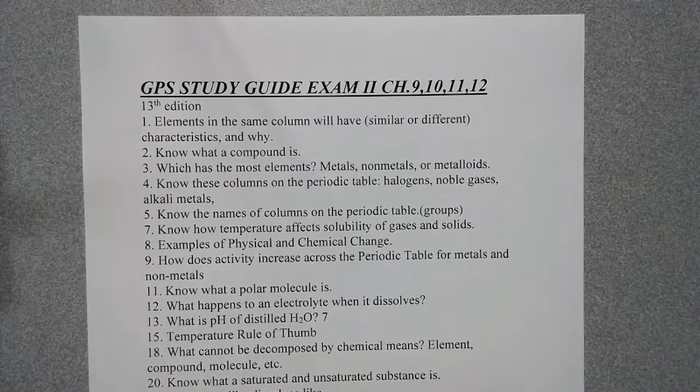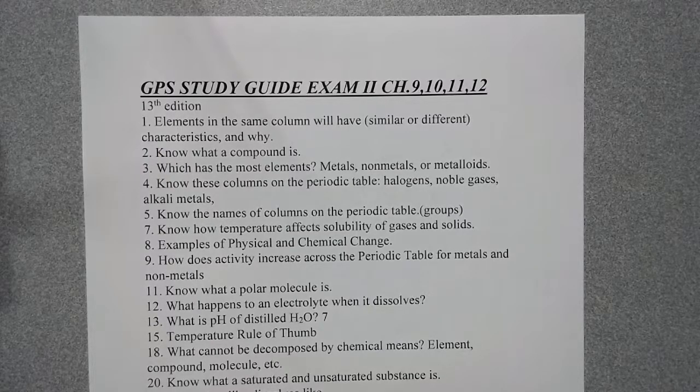All right, so number 1 says the elements in the same column will have similar or different characteristics and why. So what it's asking is, when you're looking at the periodic table, why would elements have similar or different characteristics with other elements in the same column?